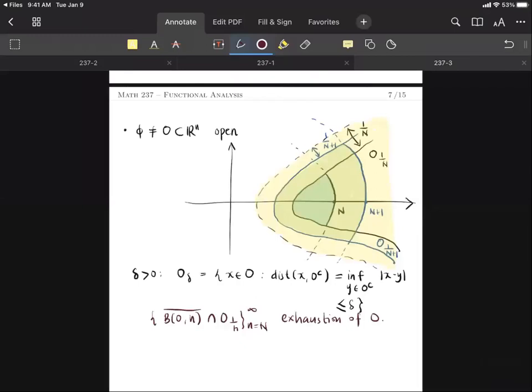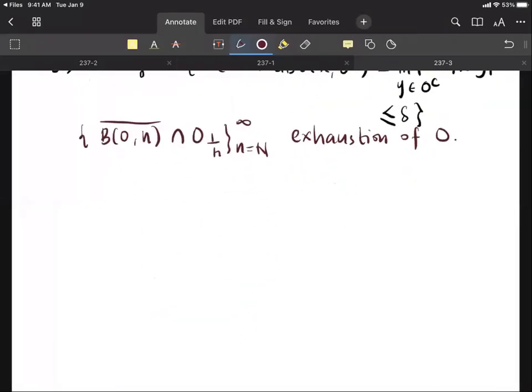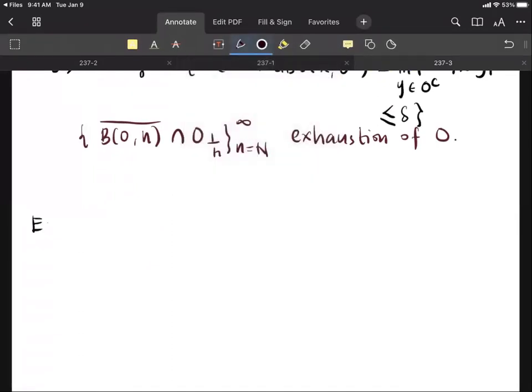I would like to mention that not all subsets of R^n have exhaustions. An example of this would be the following. Consider the first quadrant, including the origin.